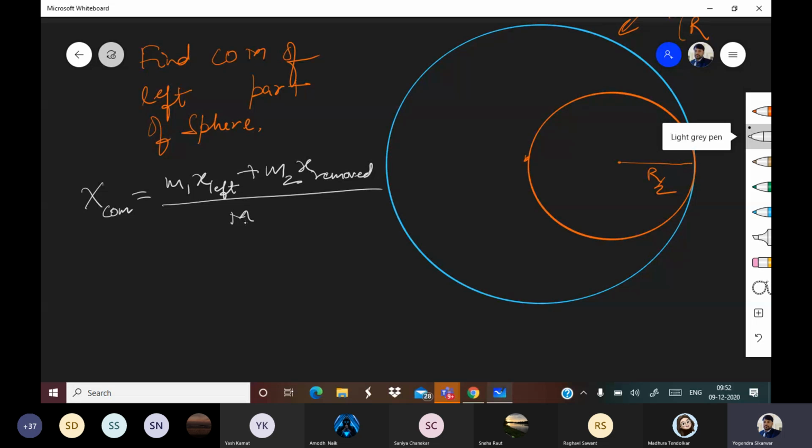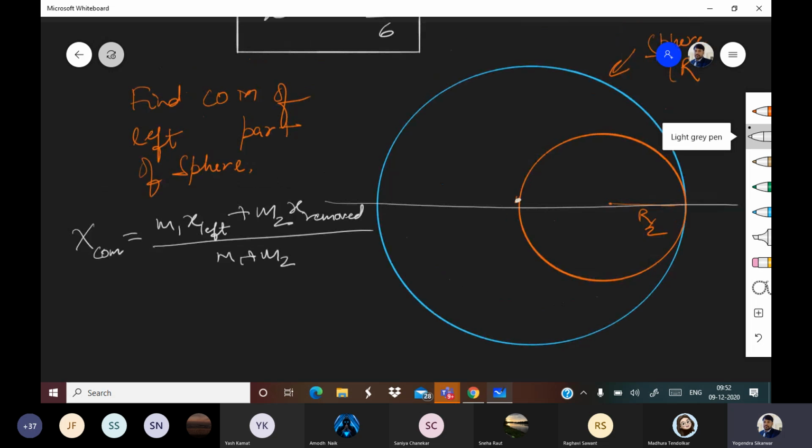Now for the complete sphere, we are considering the original as the origin 0, 0. This is the y-axis, this is the x-axis.